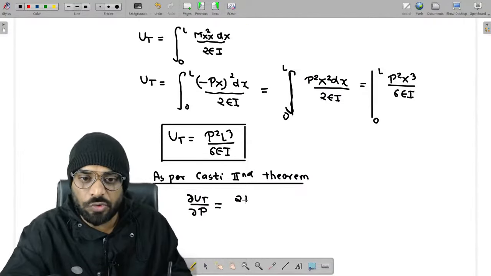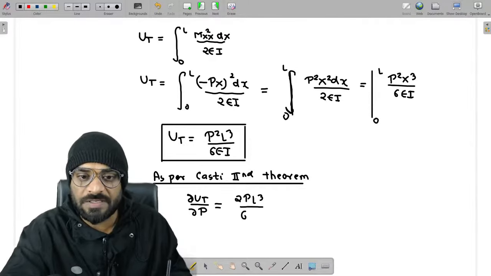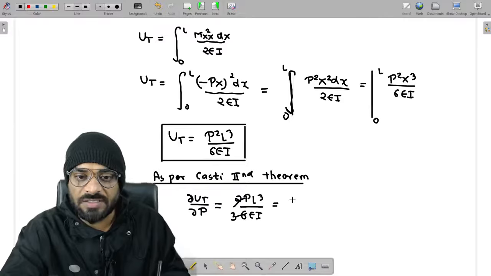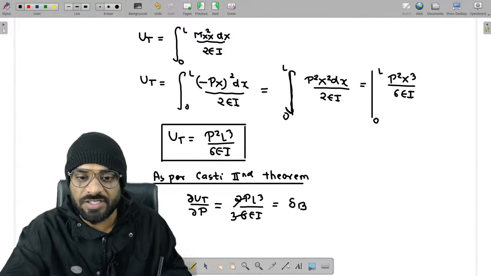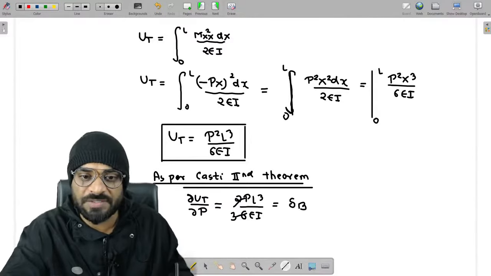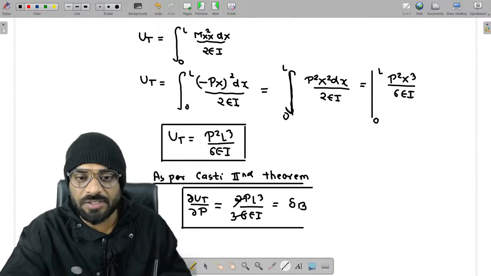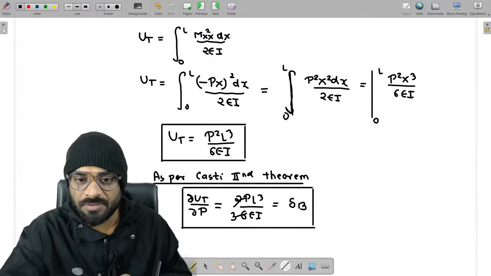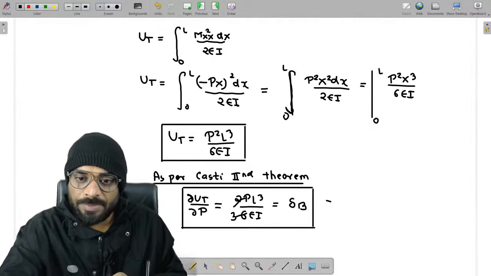So it will become 2PL cube divided by 6EI. Kindly cancel this, it will become 3, and this is nothing but our displacement in the direction of B, or in the direction of P itself, right? Which is PL cube by 3EI. Getting the point? PL cube by 3EI.